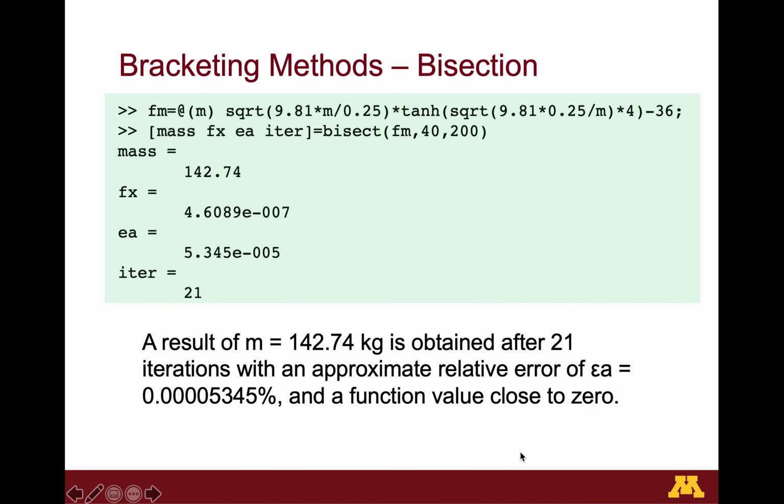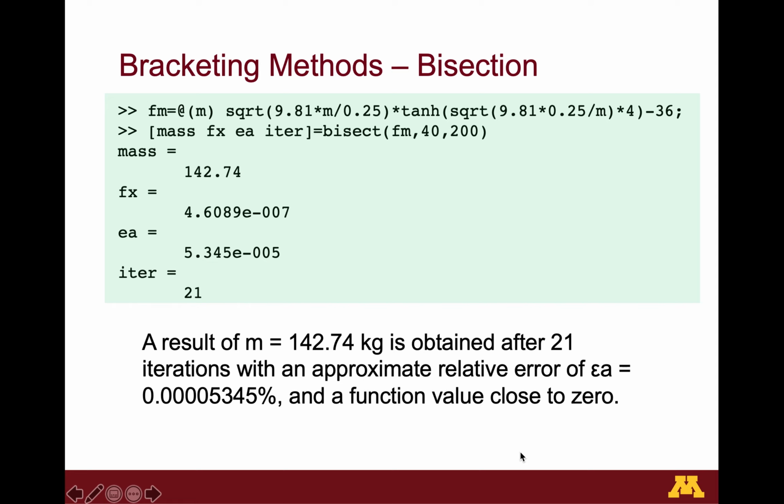This is the way to call the bisect function to solve for the roots of fm equals 0. We call bisect by the command mass, fx, ea, iter equals bisect(fm, 40, 200), so that we can find the root of fm equals 0 in the range of 40 to 200.